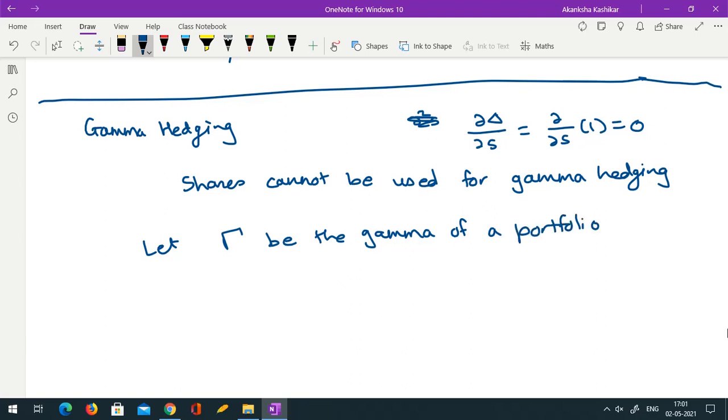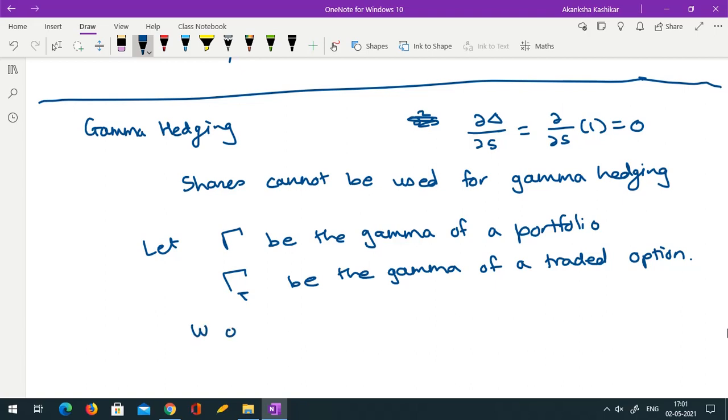Okay, so let gamma be the gamma of a portfolio and suppose gamma T be the gamma of some traded option. So if we want to make the portfolio gamma neutral, then we need to take some positions in omega options.